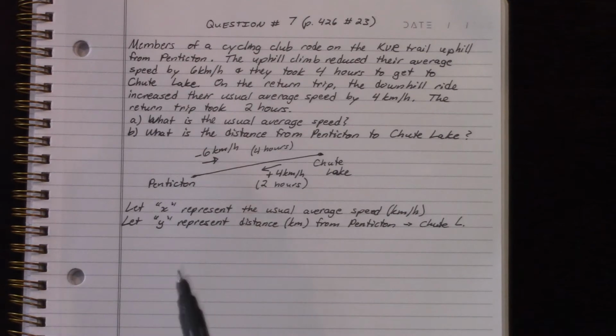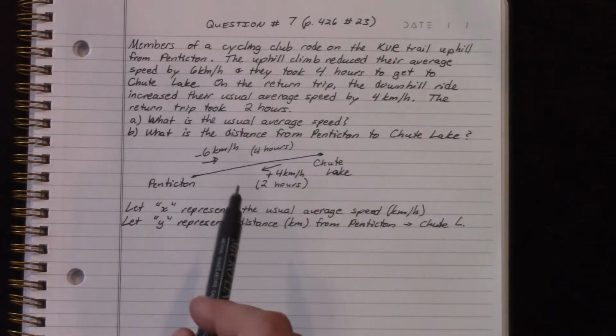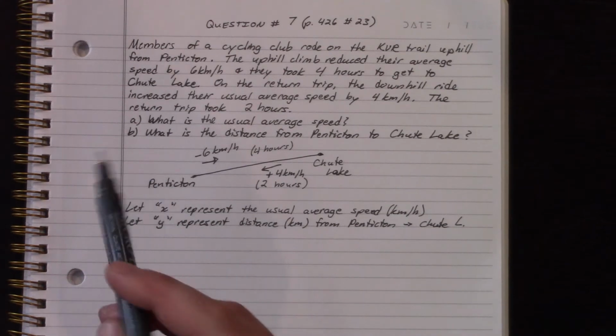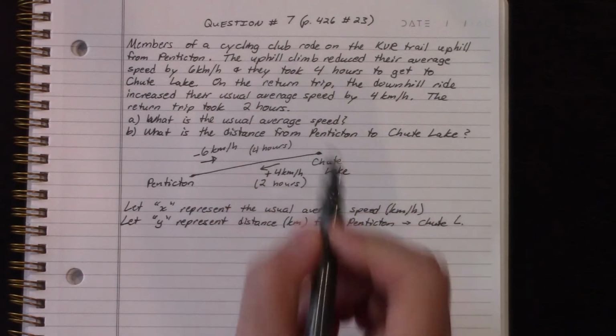Now we've got to maybe write in some more. We've got all this information that I filled in up here in kind of a diagram sort of way. Now we have to come up with some equations, and this is very different from anything we've done, other than maybe the boat example. So what do we know? We know that it takes them 4 hours to go this way.